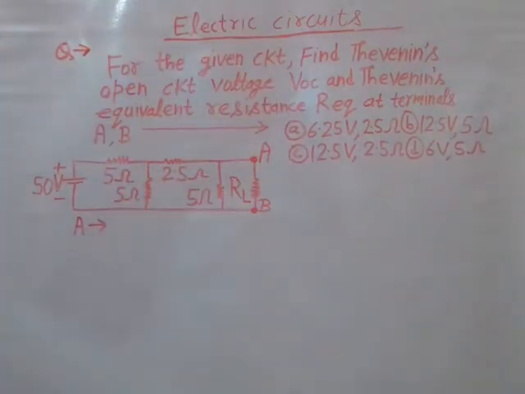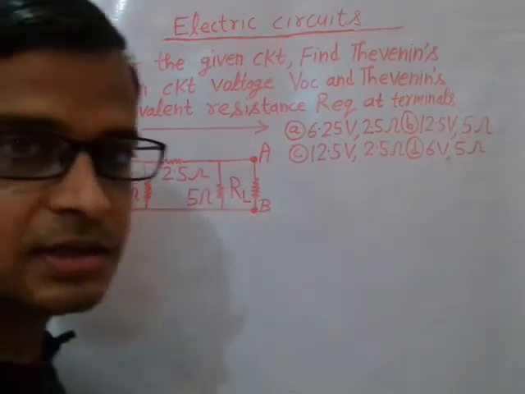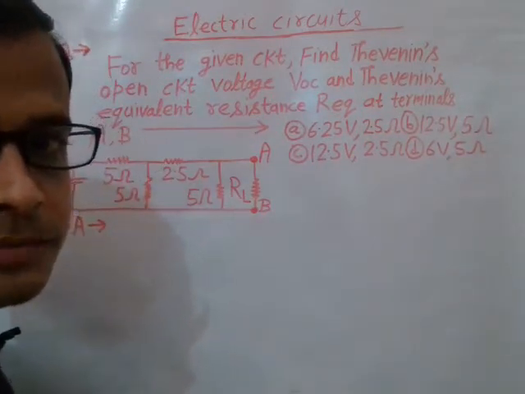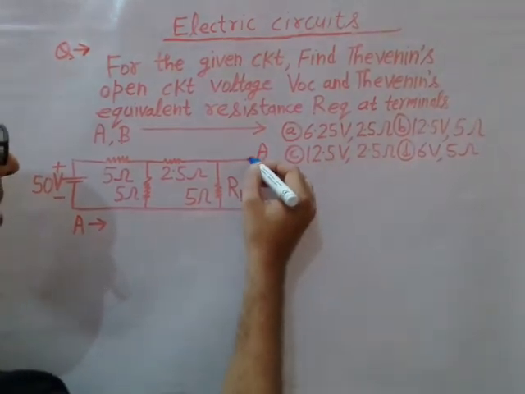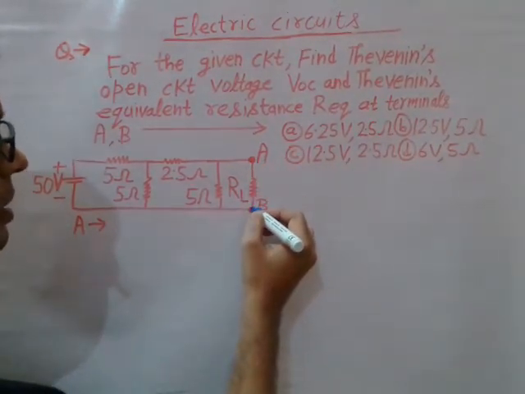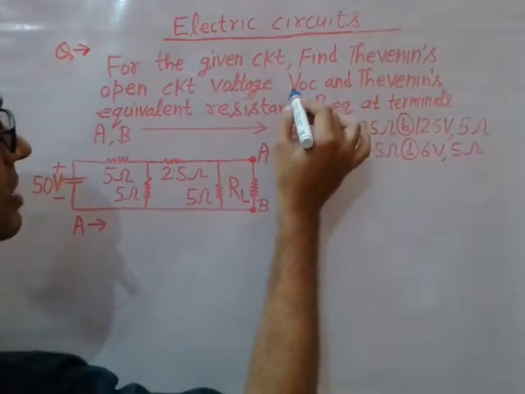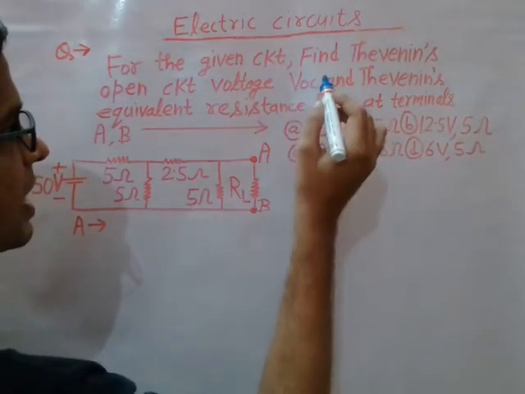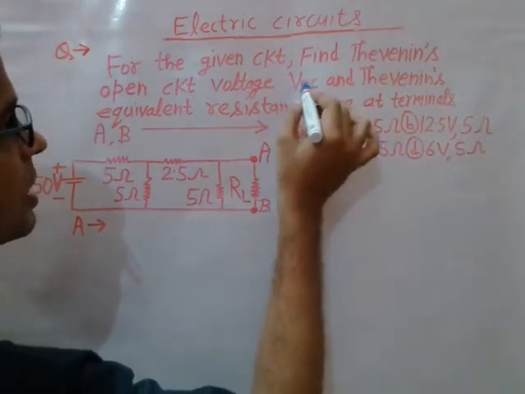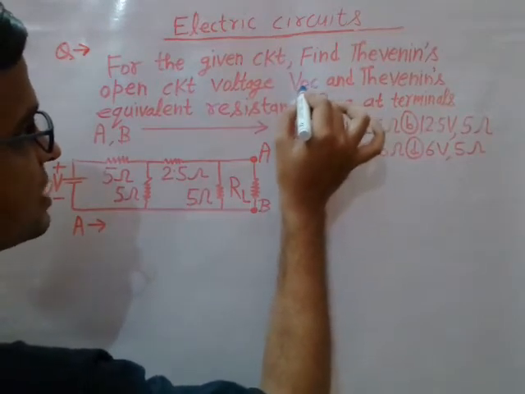Did you understand the question? Across terminals A and B, you have to calculate Thevenin's voltage, which is nothing but the open circuit voltage, and he has denoted this by VOC. Suffix OC indicates open circuit voltage.